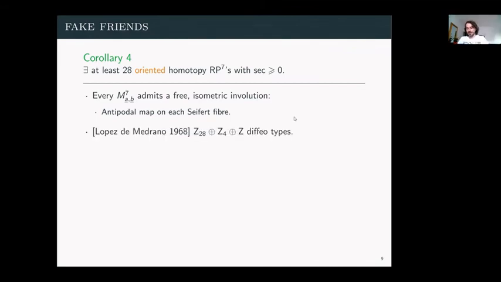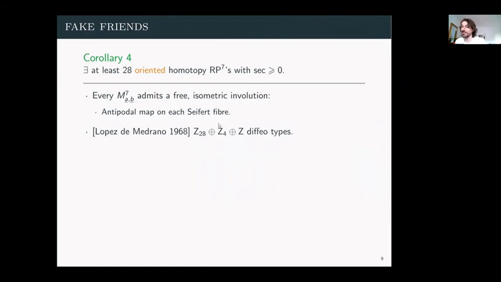And it turns out Lopez de Medrano in the 60s classified all manifolds with fundamental group Z mod 2. Adapted to our particular scenario, in dimension 7, he showed that up to connected sum with an exotic 7-sphere, the diffeomorphism type is controlled by 2 invariants.